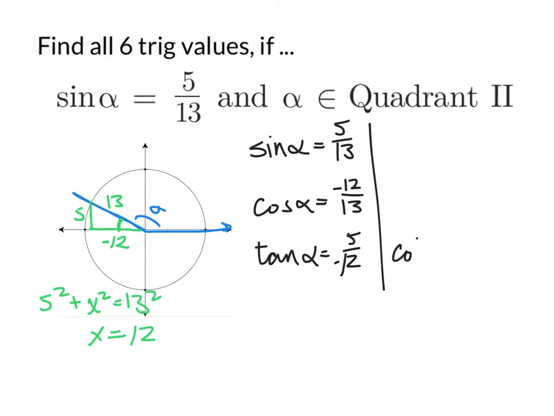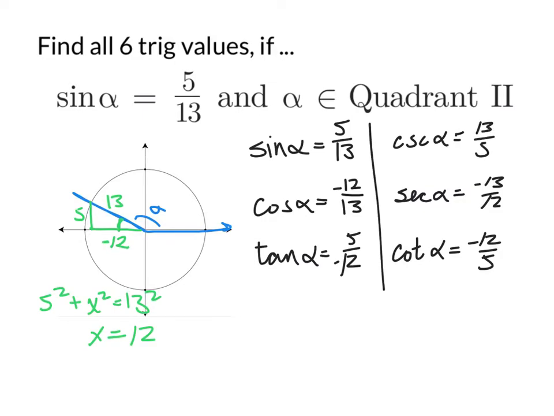So cotangent is going to be the reciprocal of tangent, so -12/5. Secant is the reciprocal of cosine, so -13/12. And cosecant is the reciprocal of sine, and that gives us a value of 13/5.